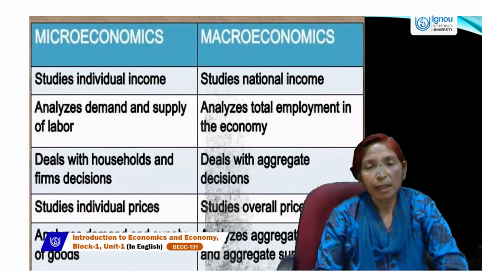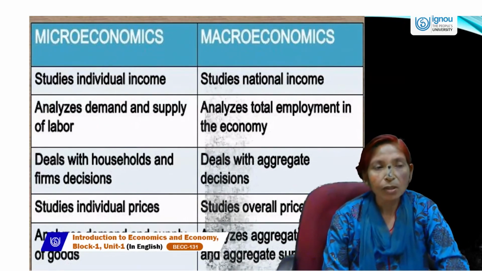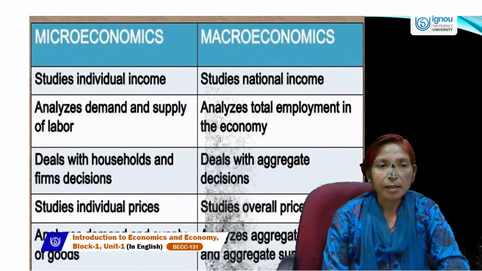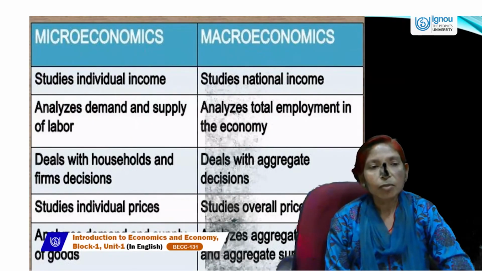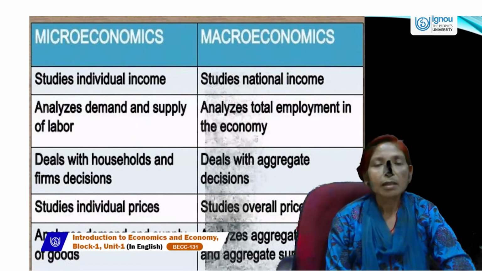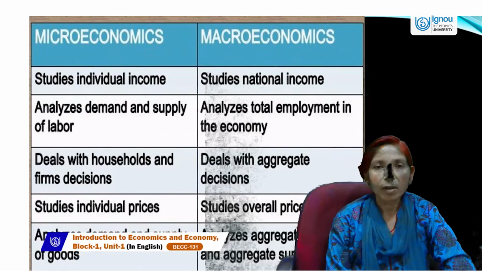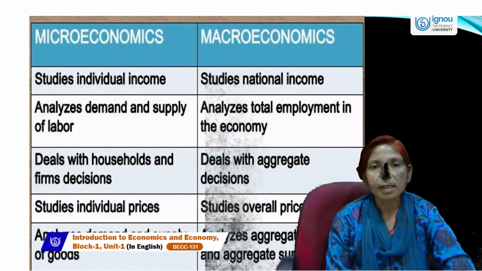which means total supply. So micro, it is clear from its name, always deals with single or individual units of the economy, like an individual firm, individual buyer, individual seller, and industry, or the price of a single commodity.